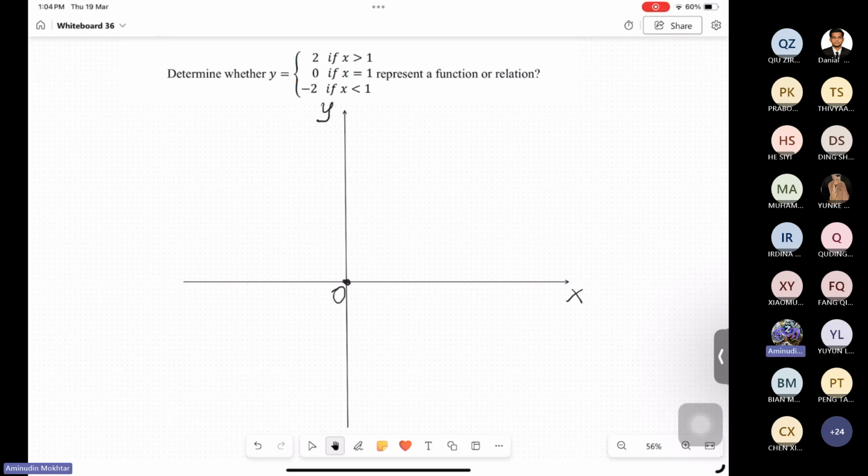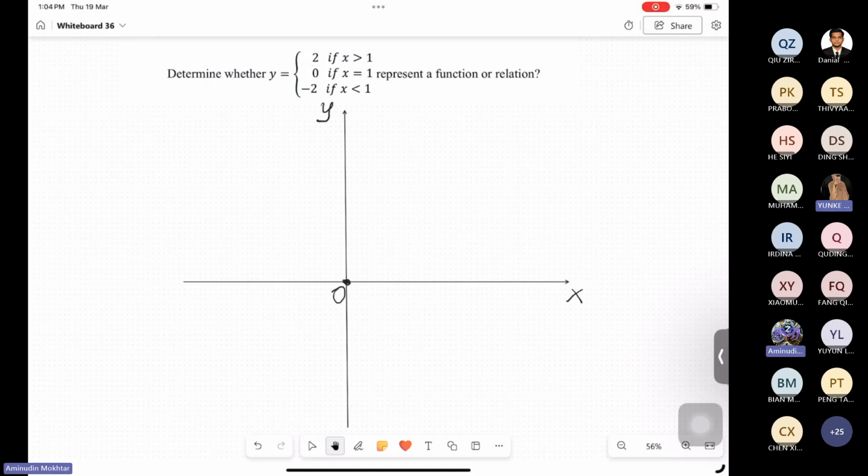Now the first part is we need to write this equation. Let's say y equals 2 if x greater than 1.